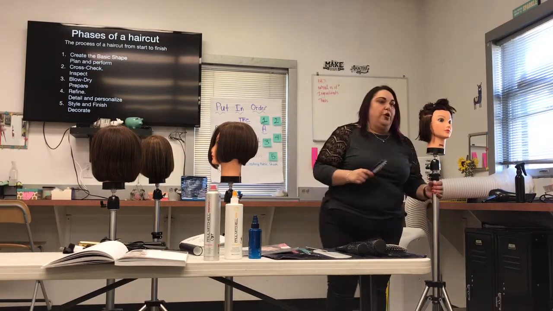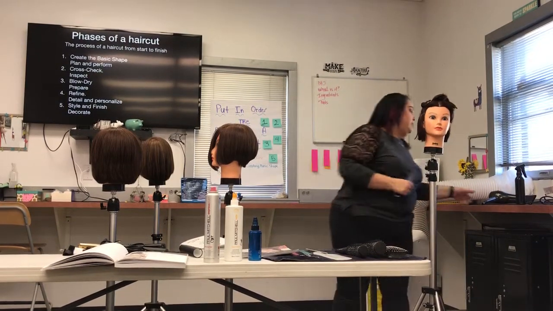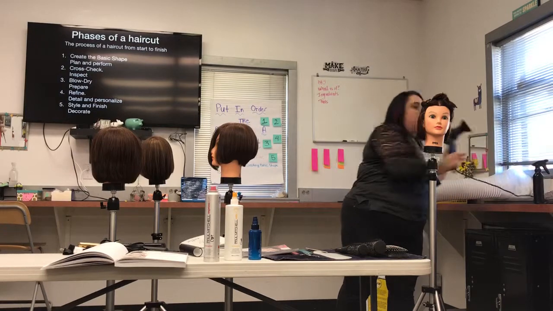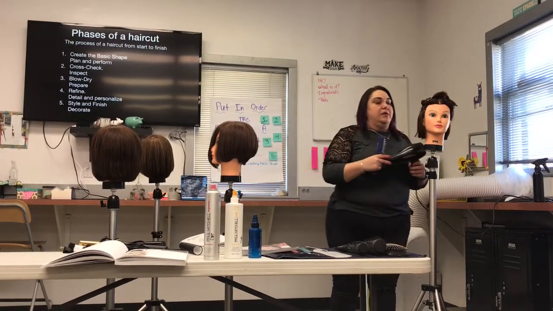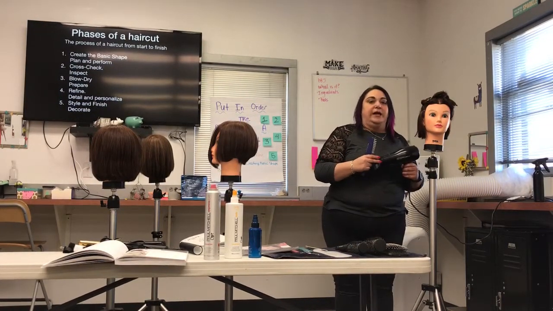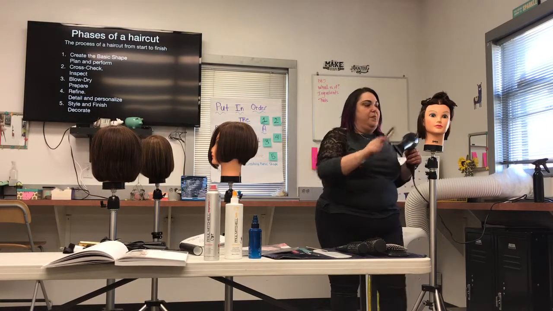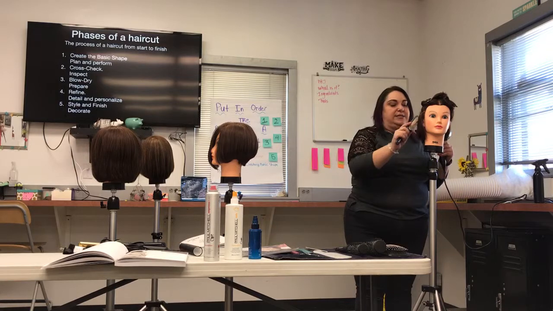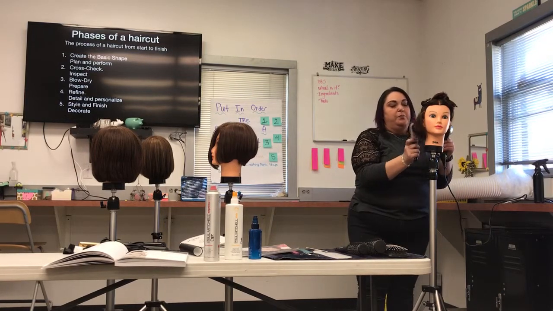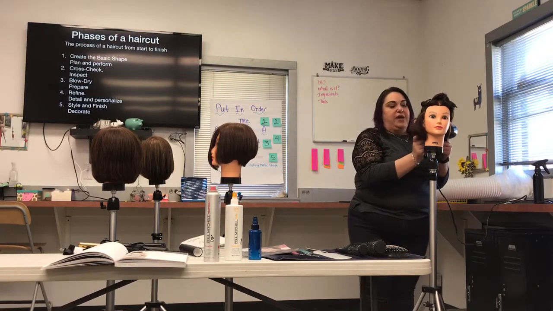and we're going to use our 413 brush. And we're going to stand behind. And we're going to take diagonal back sections, and we're going to pull the hair away from us.